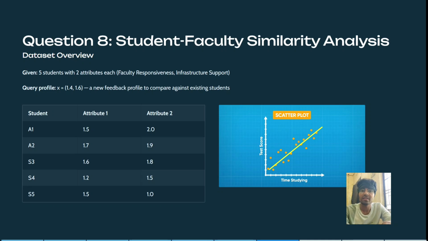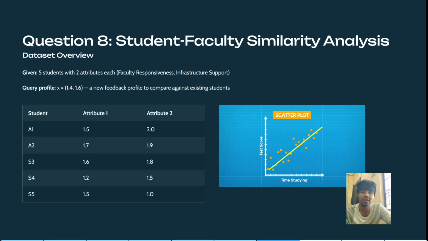We have feedback data from 5 students on 2 attributes: faculty responsiveness and infrastructure support. Our data is S1: 1.5 and 2.0; S2: 1.7 and 1.9; S3: 1.6 and 1.8; S4: 1.2 and 1.5; S5: 1.5 and 1.0.